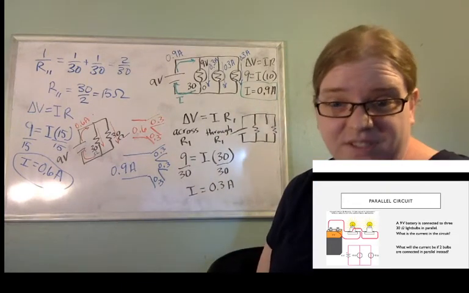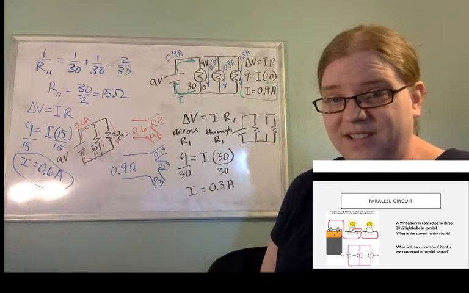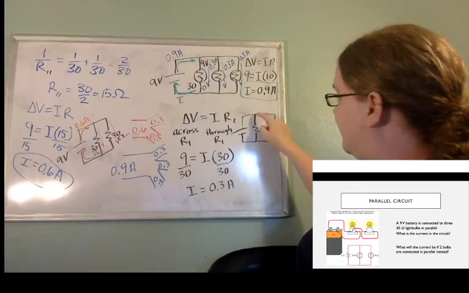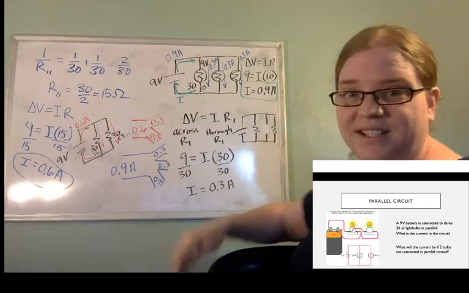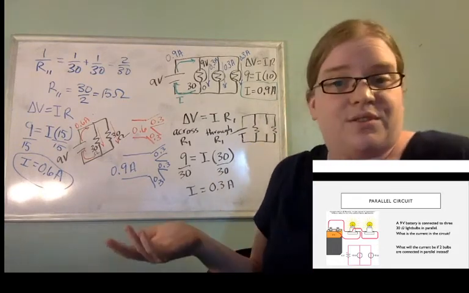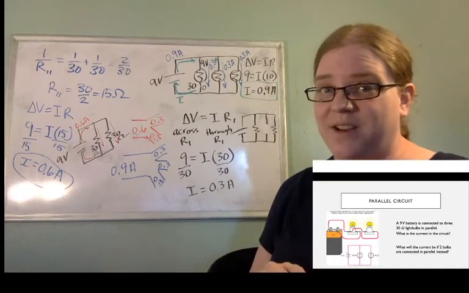Do I still have a complete circuit? Yeah, I do. Through this one and through that one, I still have a connection from the top of the battery to the bottom of the battery. So they're fine, they stay on, and they stay the same brightness.